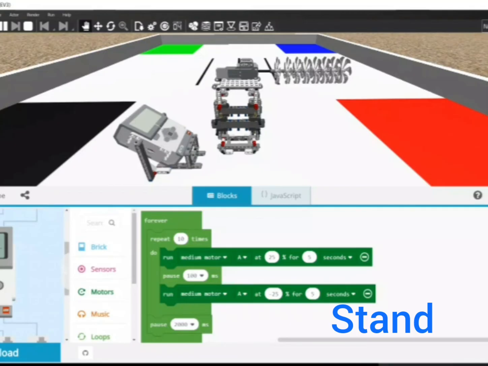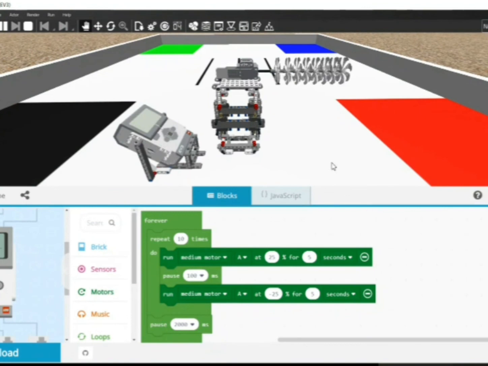Lego equipment. Here we have a mixer that is attached to a medium motor which is on top of a stand. The motor is coded as follows. Firstly, the medium motor runs at 25% intensity in a clockwise direction for about 5 seconds.